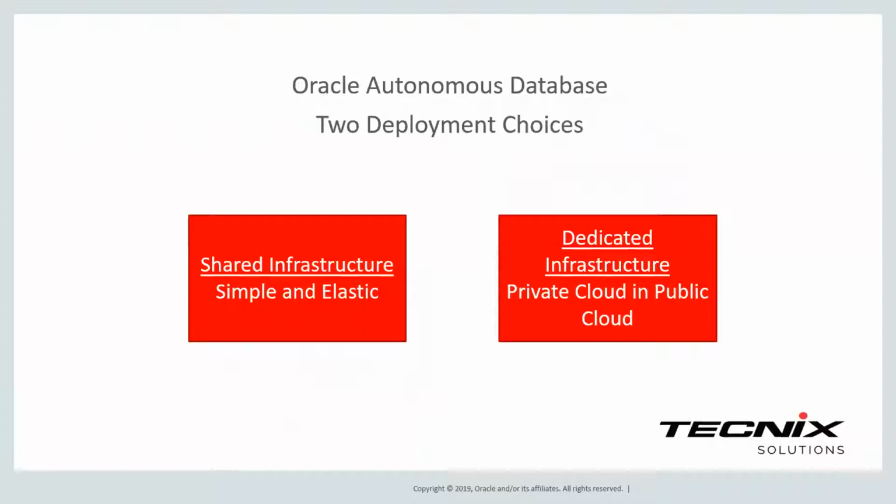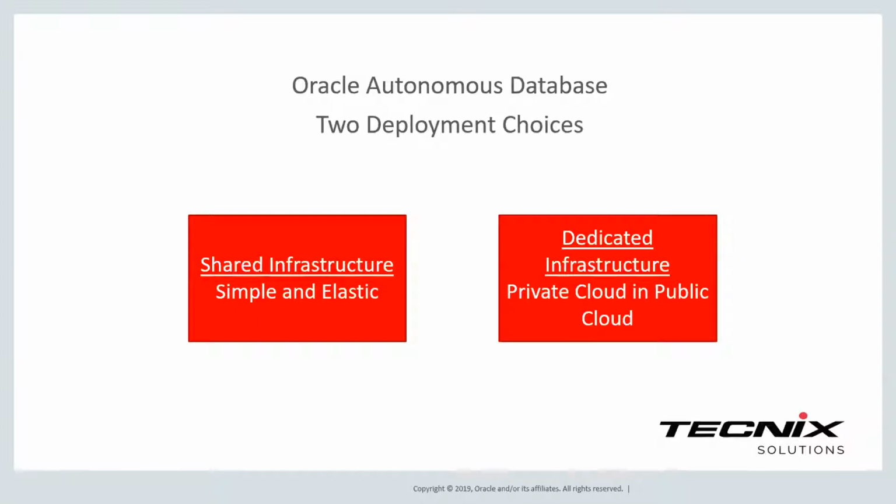We can choose shared infrastructure, that is simple and elastic, or dedicated infrastructure, that is an Exadata dedicated, and it's a private cloud in a public cloud. Obviously, the shared infrastructure is cheaper. It is more economic.